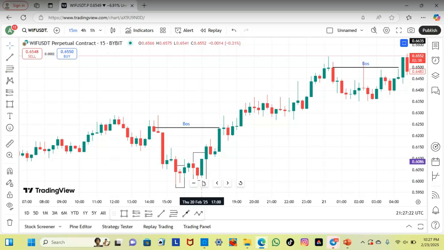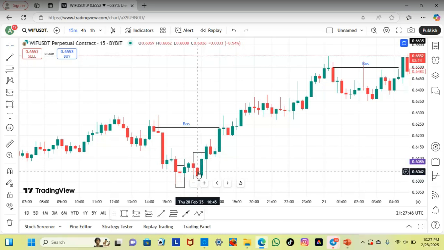You can see that this green candle opened at the close of what? The bear candle. The bullish candle opened at the close of the bear candle and closed at the top, engulfing the what? The bearish candle.